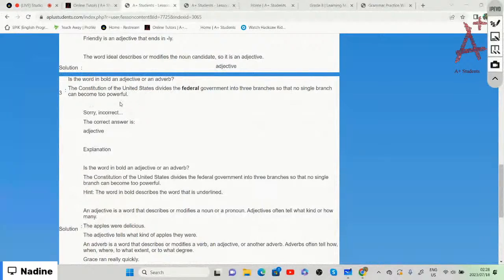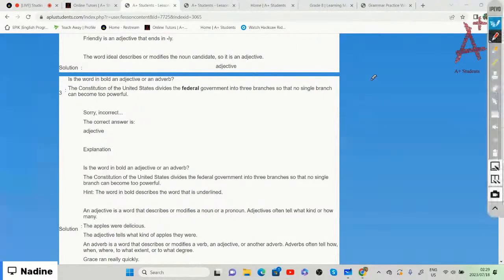Federal, is that an adjective or an adverb? What is it describing or modifying? The federal government. So they're making mention of the federal government, which is a noun.